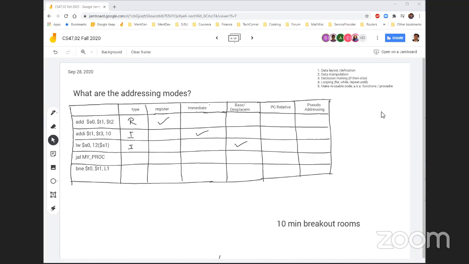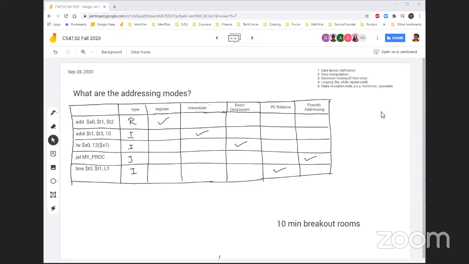And then JAL was pseudo direct addressing, which is the jump command. And then BNE was PC relative addressing, since it's using a text value.